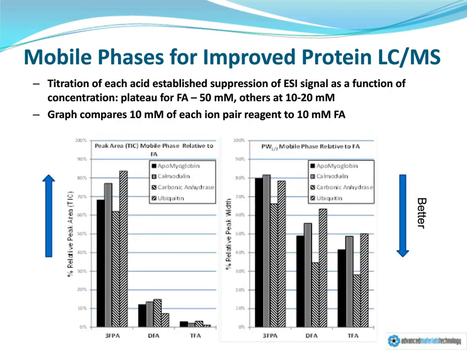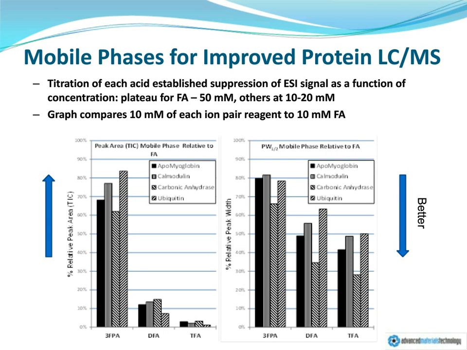But the overall effect on ionization is subtle. What about overall ability to detect in mass spectrometry and overall effects in terms of chromatographic performance? And I've summarized that in these two bar charts.